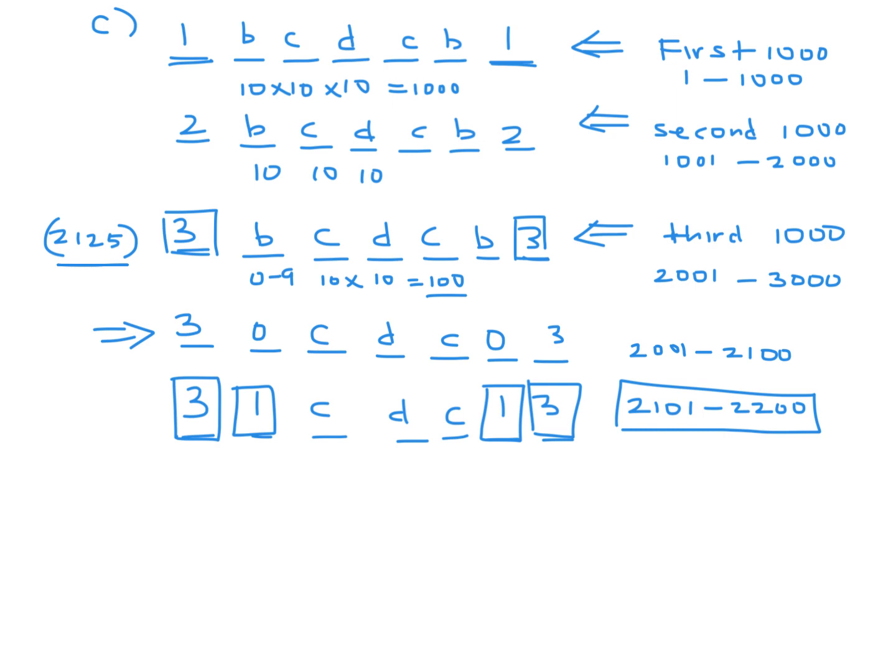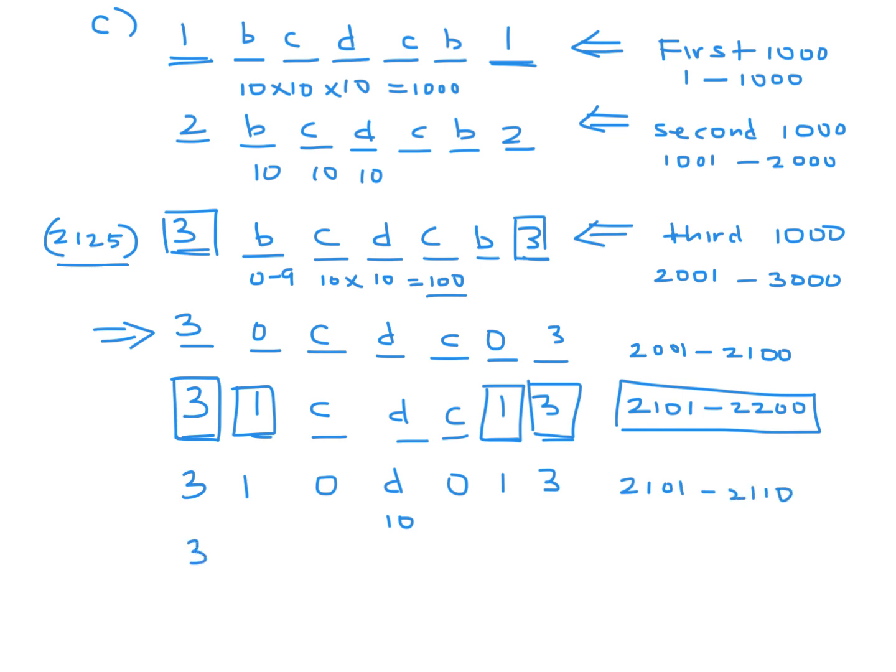Okay, so now I've got to look at C. C is anywhere between 0 to 9, right? So 3, 1, if C is 0, then this would be the next 10 because there's 10 choices for D. So this would be 2101 to 2110, right?